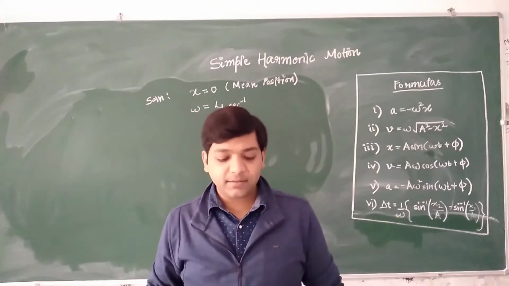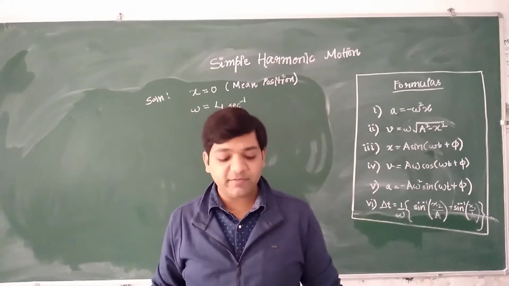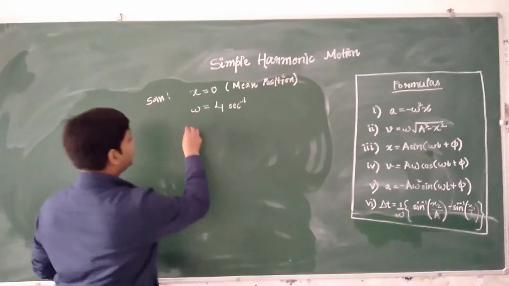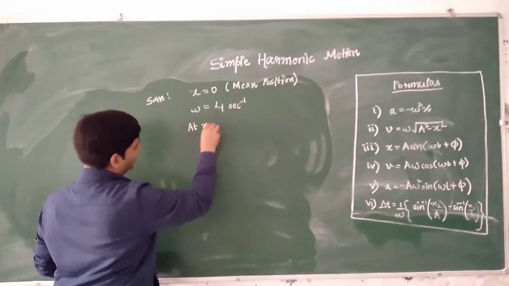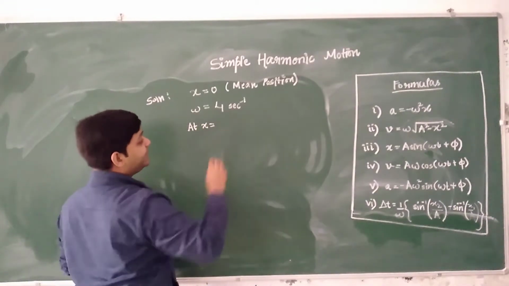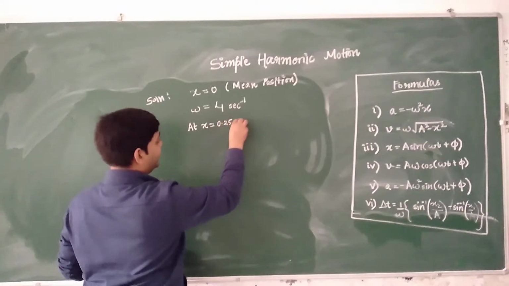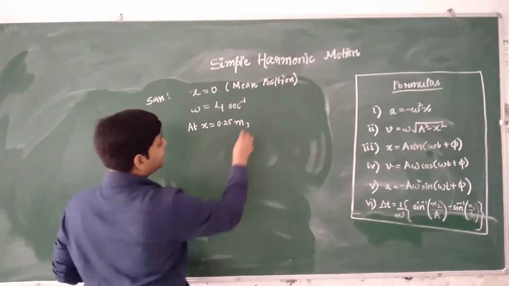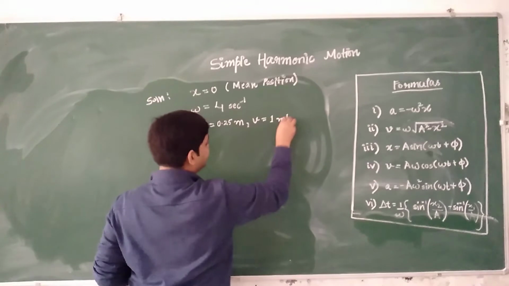Now it is saying that at a certain moment the particle has a coordinate x is equal to 25 centimeter and its velocity is 100 centimeter per second. 25 centimeter in SI can be written as 0.25 meters, right? At x is equal to 0.25 meter, velocity is 100 centimeter per second. That means 1 meter per second is the velocity.